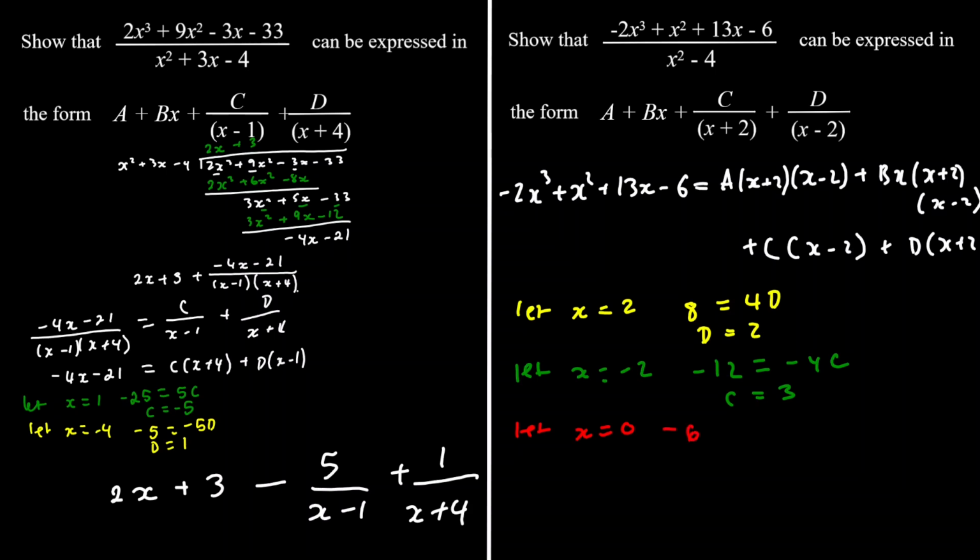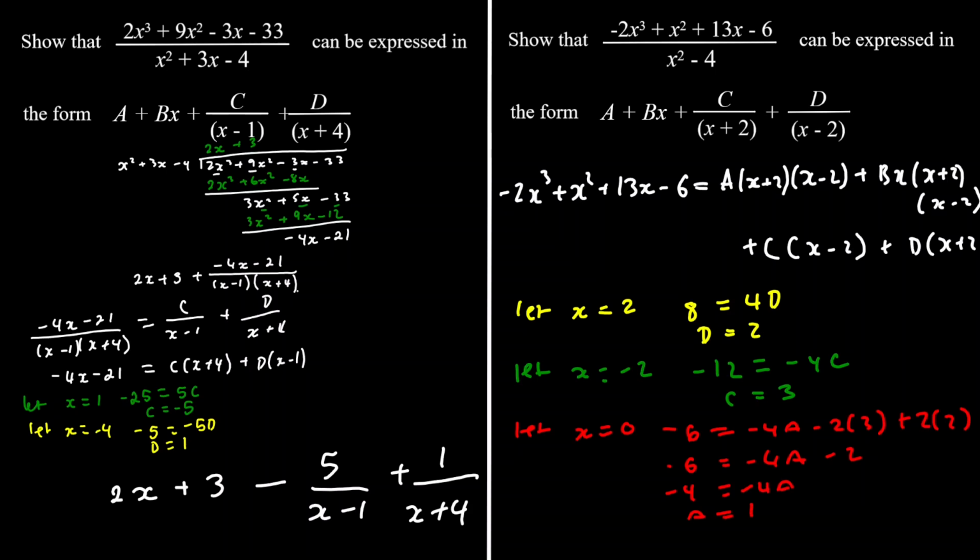Negative 6 equals negative 4a. b is going to go, minus 2c and plus 2d. So negative 6 equals negative 4a minus 6 plus 4. So minus 2. Negative 4 equals negative 4a. a is 1.